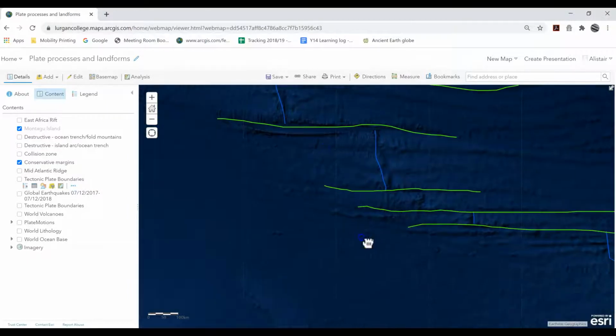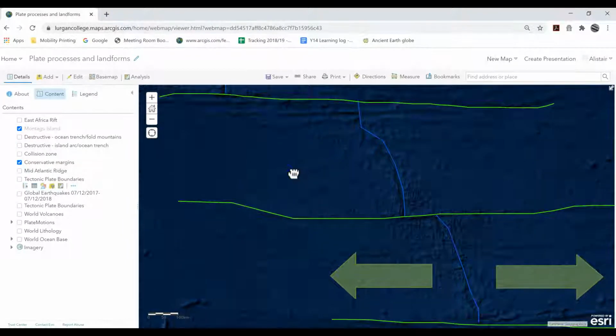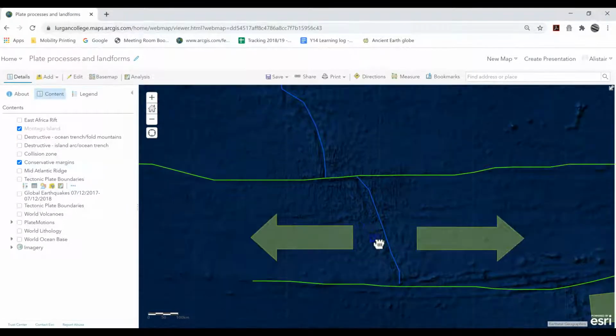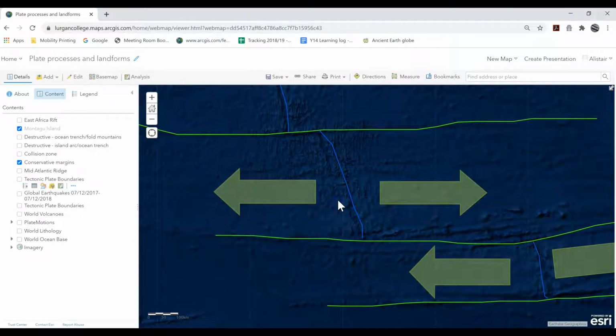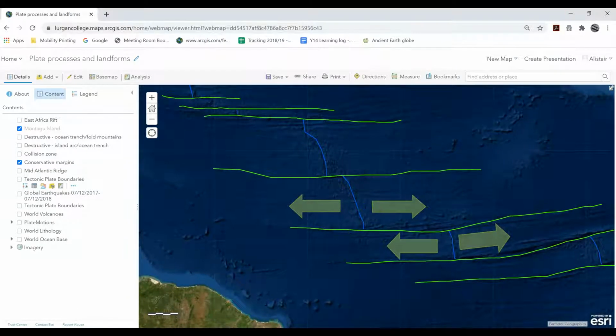Well, let's have a wee look further down here and see if you can figure that out. Here's a bit more of a clue. This is moving here, moving here, moving here. How does that create plates moving alongside each other? Okay, let me reveal these arrows as well and see if that helps you out at all.